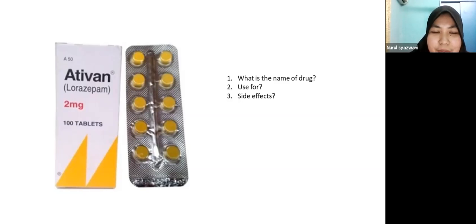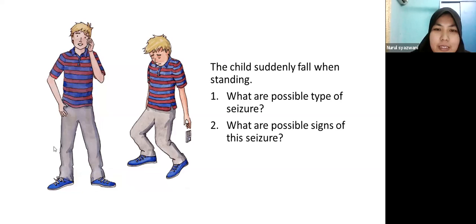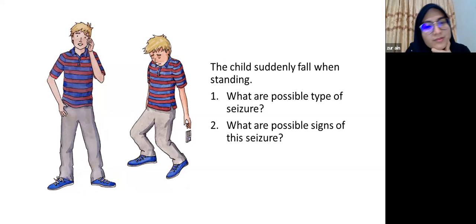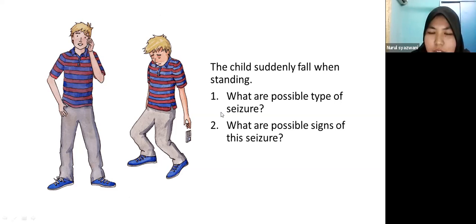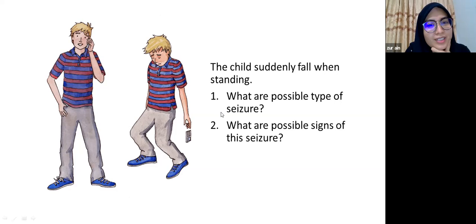Okay. So the next one, can Zer Ain answer this? This is probably an atonic seizure. Based on the picture, it seems that the child suddenly falls and has weakness of the limbs.